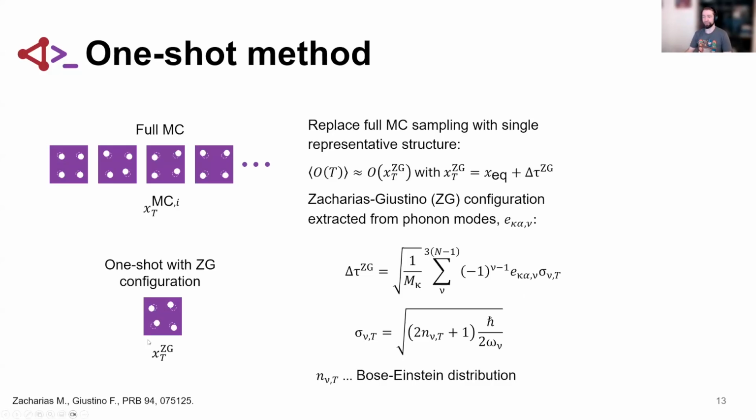And then you will end up with a particular configuration that you can use to sample effectively your vibrational properties of the material. And with this single configuration and a large enough supercell, you will get really good results as well. I will show just in a second some results we obtained with this method.